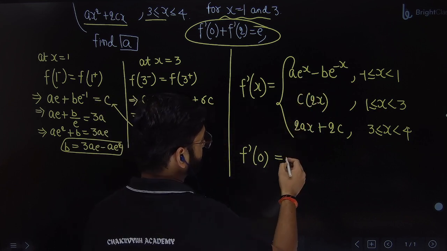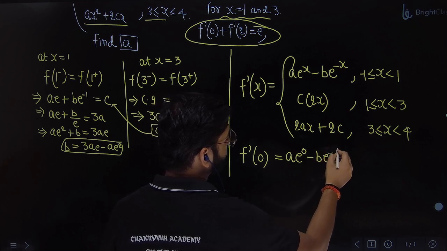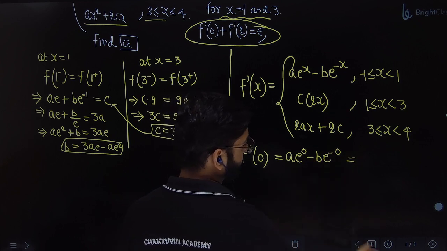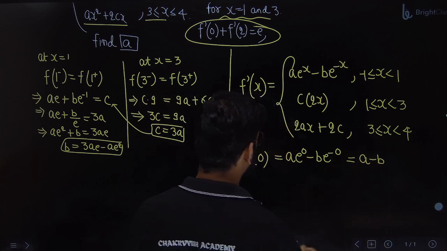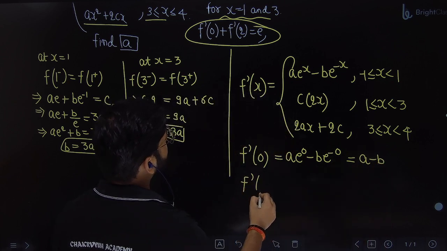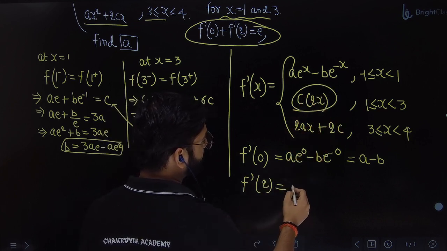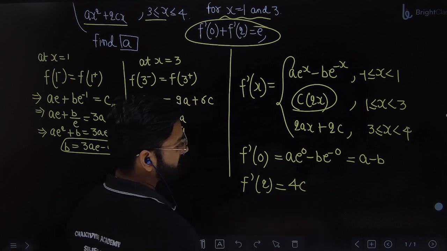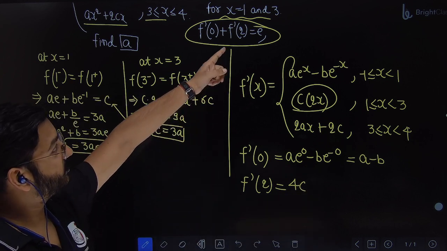So substitute a into e to the power 0 minus b into e to the power minus 0. What is the value? a minus b. Yes. f dash 2, we will use this one. So this will become 2 into 2, 4, 4c. All clear?